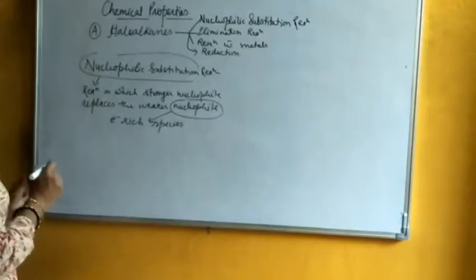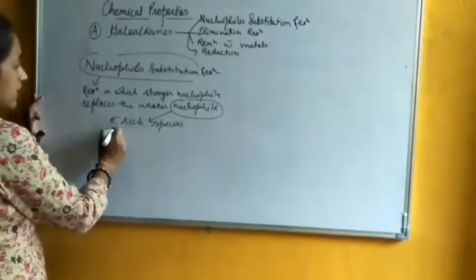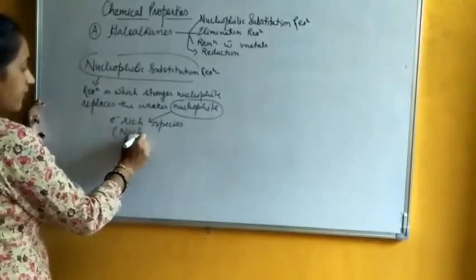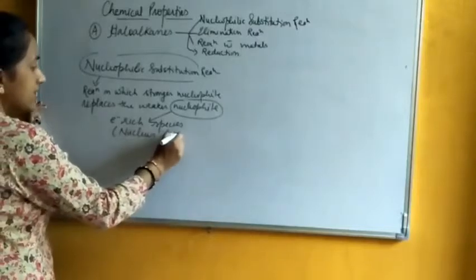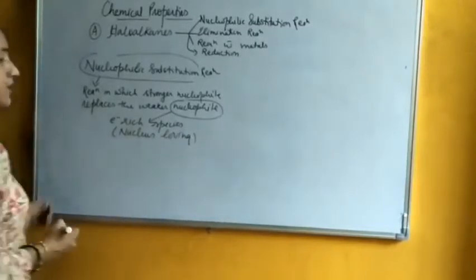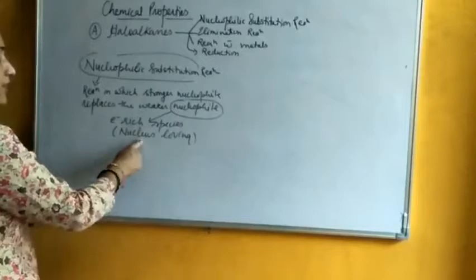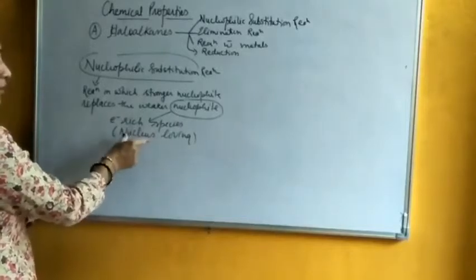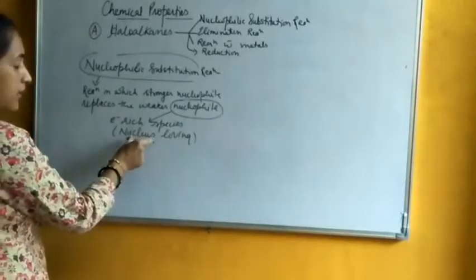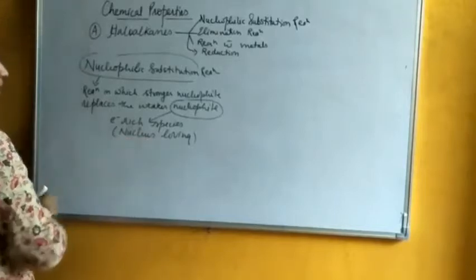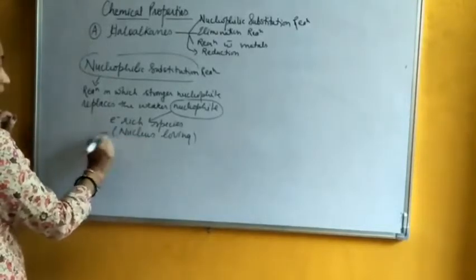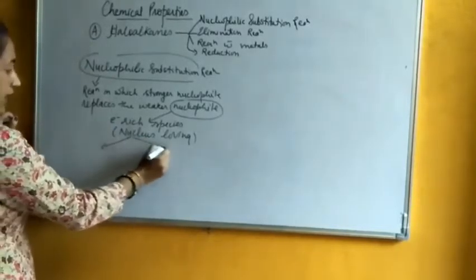Hence, they are going to be nucleus loving. Nucleus loving means, student, that it has an affinity for a positively charged center. Electron-rich species, student, can be of two types.